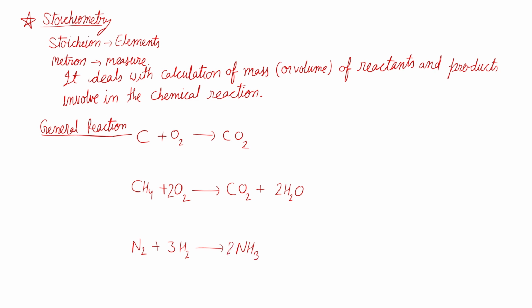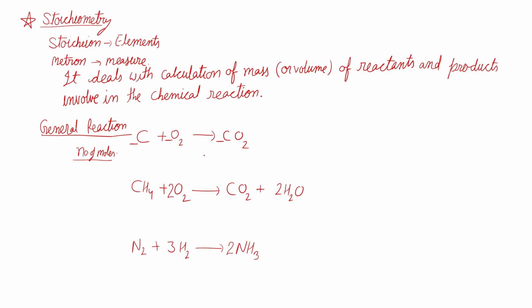In the question, two types of values can be given or asked to you. Possibly, he may use or give to you number of moles sometime. So basically stoichiometry में क्या बोलते हैं ध्यान देना, it is called stoichiometric coefficient, the number that is placed before the element or compound in a chemical reaction.